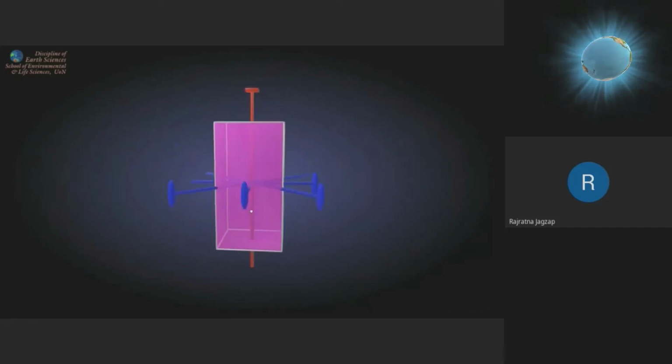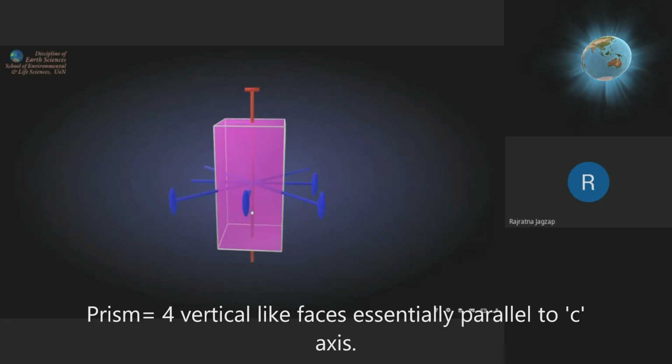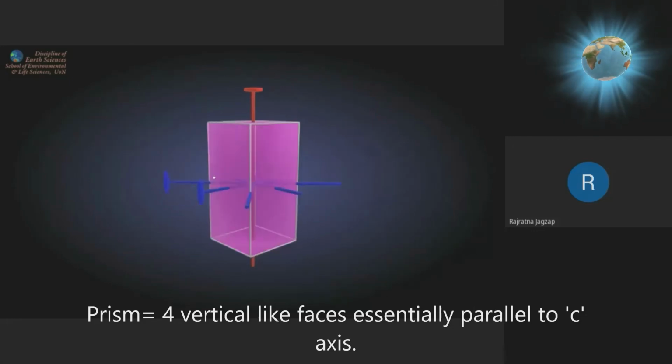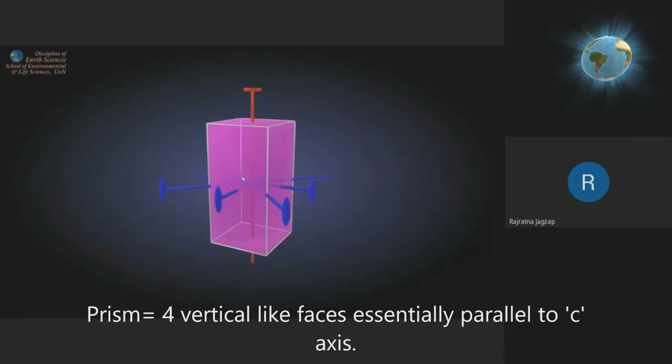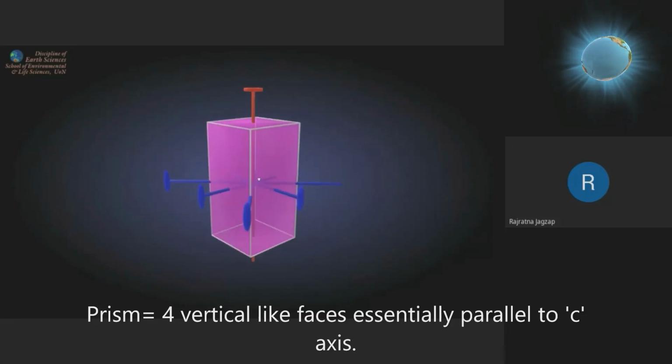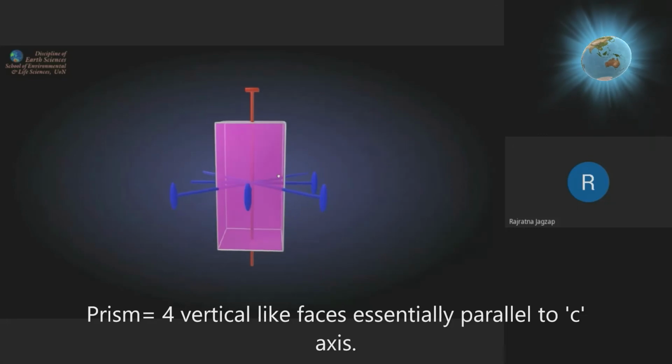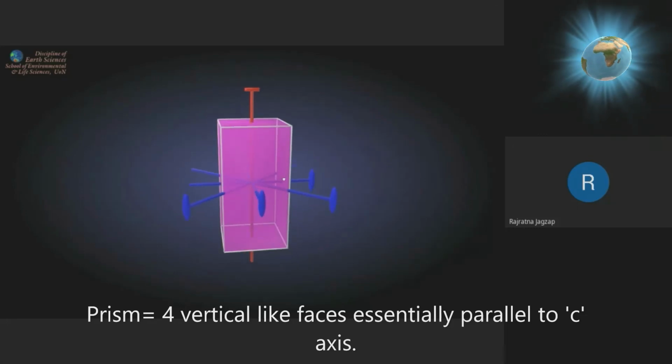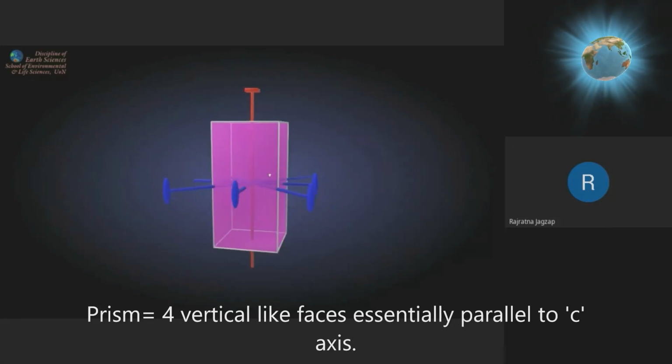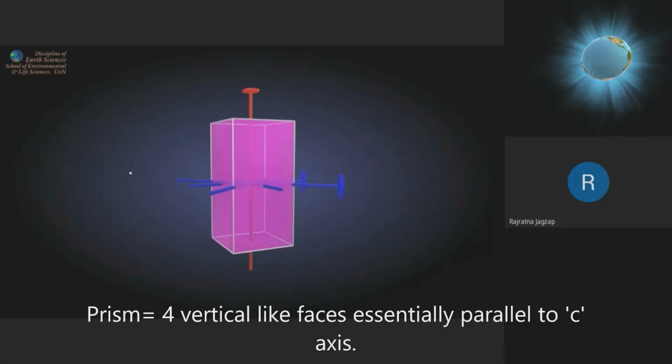Second form is called prism. What is prism? Prism is the form having vertical faces. Where are the vertical faces here? Here. How many number of faces should be there? 4 faces should be there. To call a particular form as prism, it should have vertical faces like this, and there should be 4 such vertical faces. 1, 2, 3, and 4.